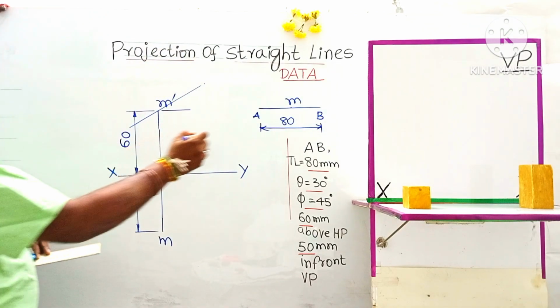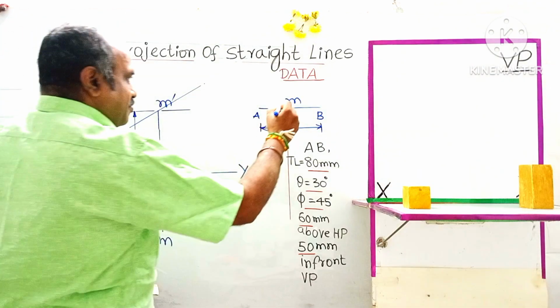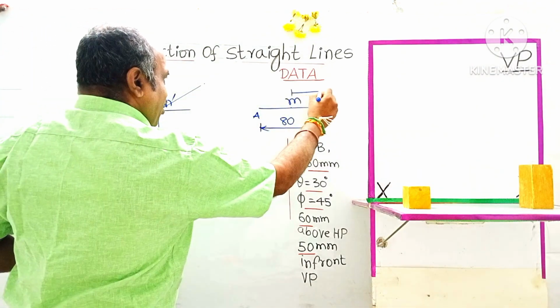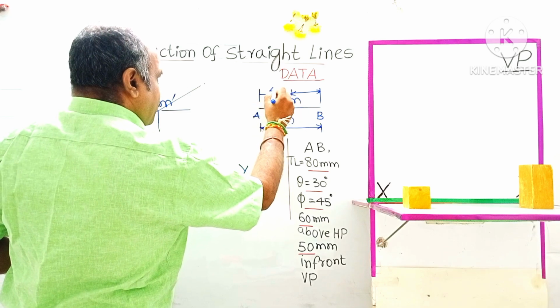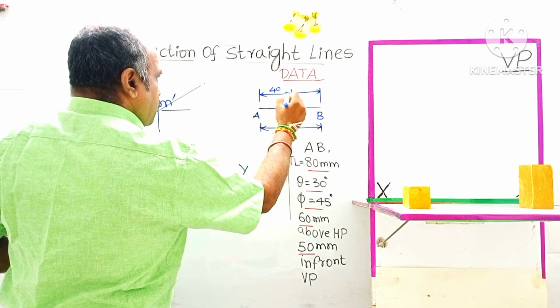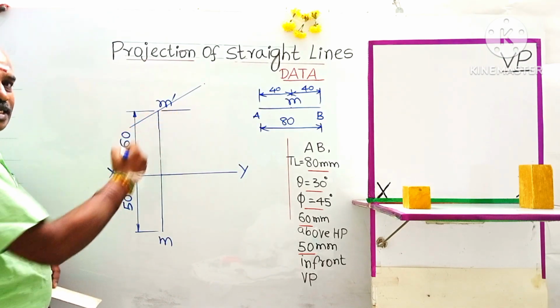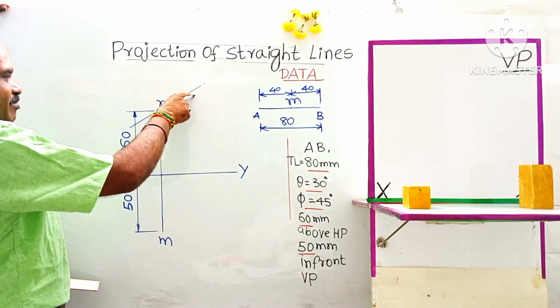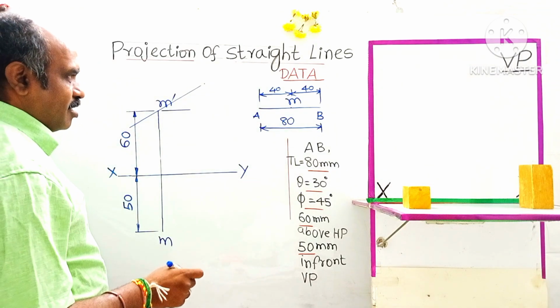The length is given as 80 mm, so 80 divided by 2 will be 40 mm. This is the distance 40 mm, and this side will be another 40 mm. With M dash as center, mark a distance of 40 mm on the right side of this inclined line.